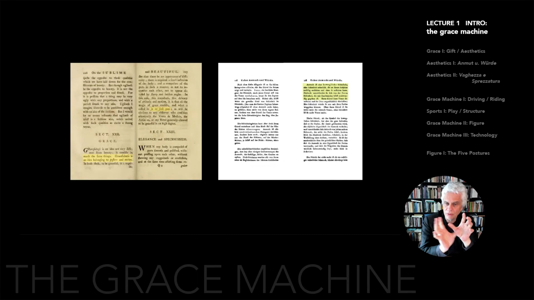But he's also referring to authors such as Mendelssohn and Winkelmann, and especially Burke, because all the German romanticists read Burke in translation. What is it? It's like 40 years later, right? So I think Anmut und Würde is in the 1790s, and the Inquiry of Burke is in the 1740s.